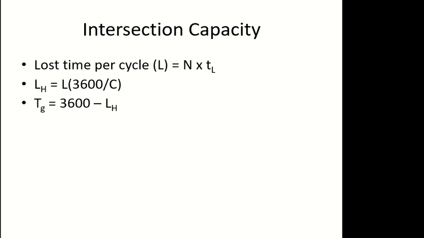What was effective green? Available time minus the lost time. So total available time of the hour minus the lost time of the hour, you get total effective green of the hour.